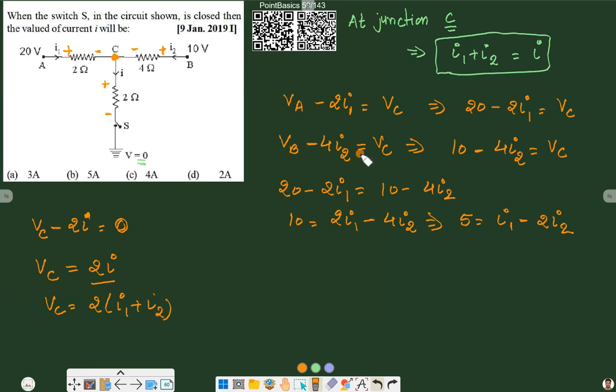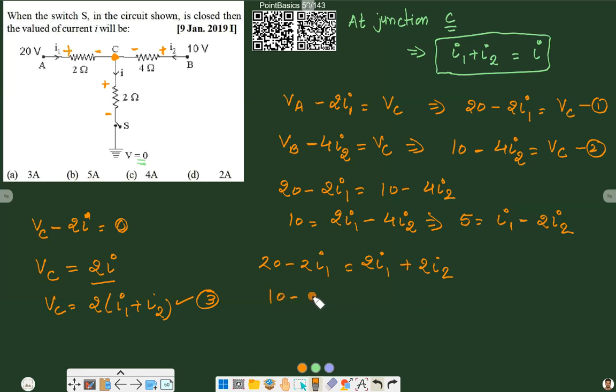Now let's use this equation on our first. So this is our first equation, this is our second equation, and this is our third equation. Now compare 1 and 3. So 20 minus 2I1 is equal to Vc is equal to 2I1 plus 2I2. Divide the whole equation by 2.